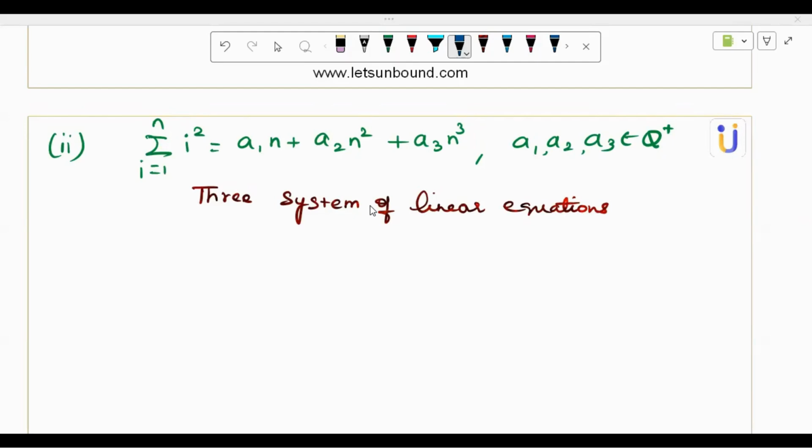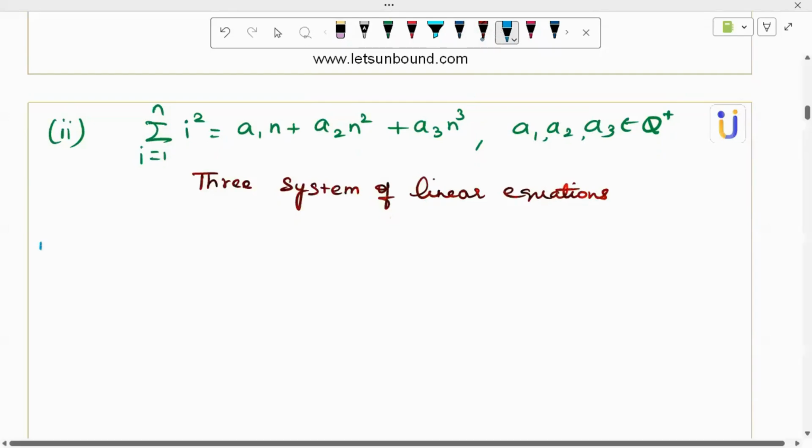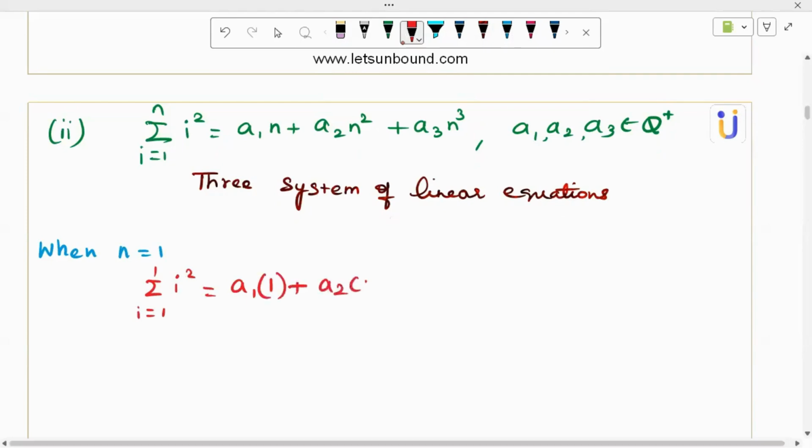So when n is 1, what happened? Sigma i equals 1 to 1 i square is a1. What is my n? My n is 1. So a1 times 1, then a2 times 1 square, plus a3 times 1 cubed.